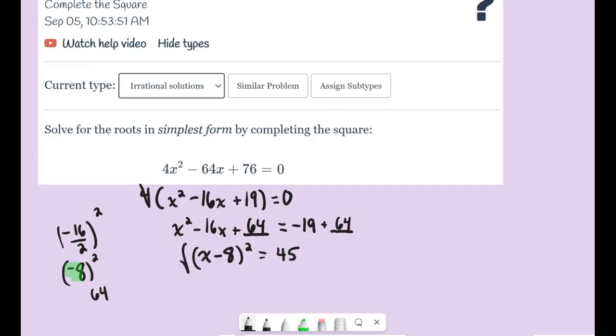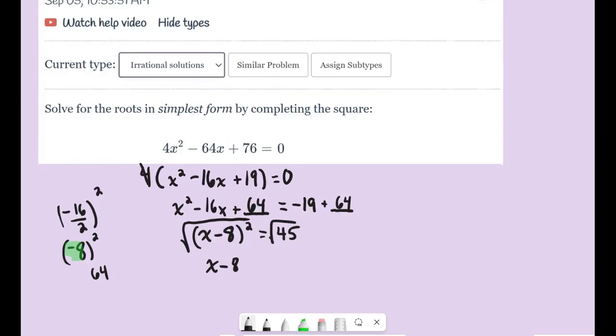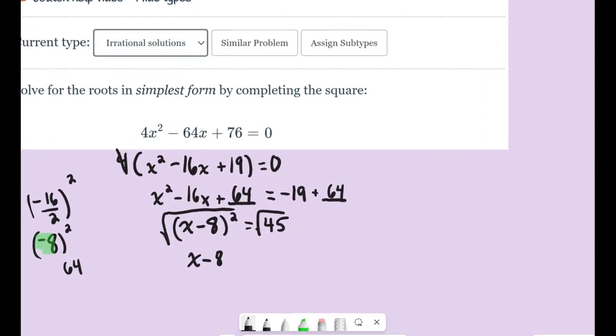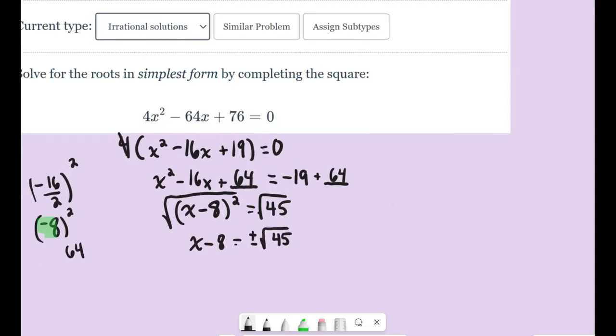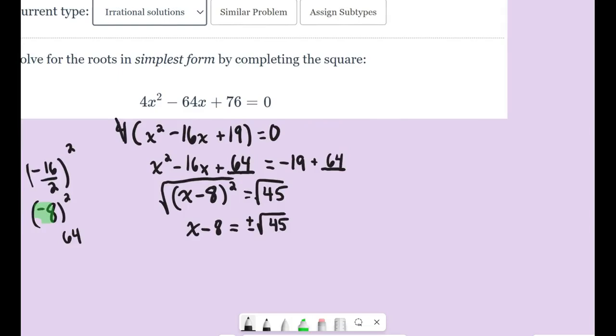And then we take the square root of both sides. Whoops, that's x minus 8. Since we have now taken the square root of x minus 8 squared, that's going to be plus or minus root 45. Okay. Now all we have to do is get that 8 on the other side, and there's going to be one more step too.